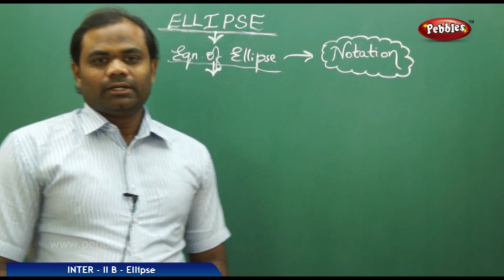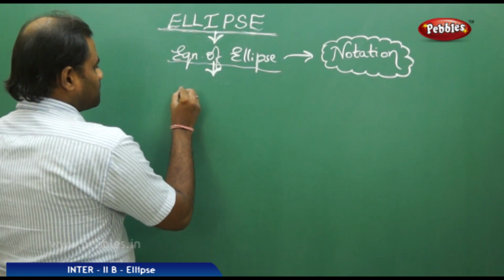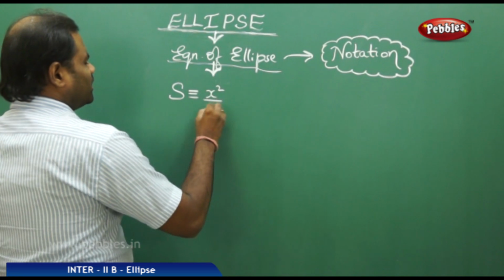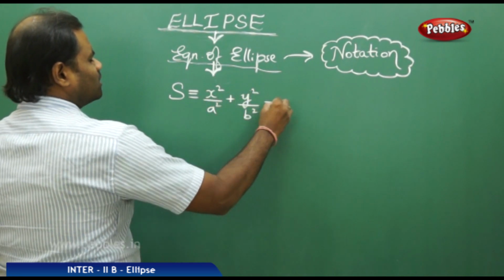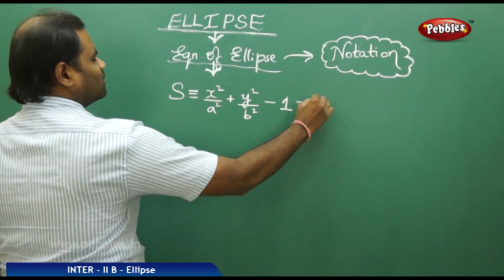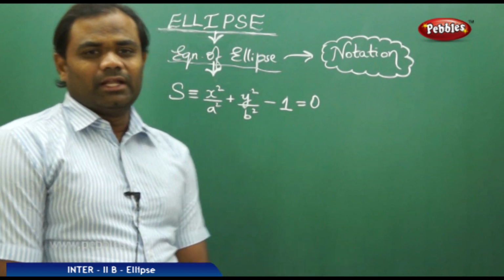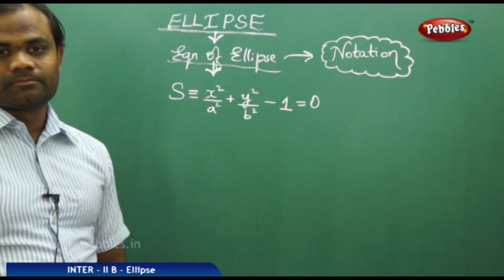Now generally, the equation of the ellipse in standard form is denoted by S, which is x²/a² + y²/b² − 1 = 0. So the standard form of the equation of the ellipse is denoted by S, given by this.